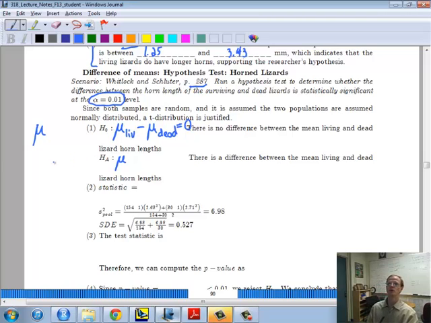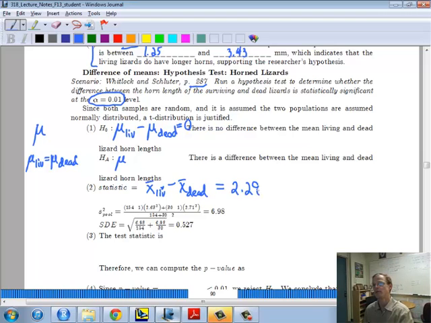Why do we do equals 0? Why do we not write mean living equals mean dead? Well, for one, you could. That would be fine. But the reason is there's two different groups, and for testing purposes, we only have one statistic. So we pull a clever trick and we do a subtraction in this form, and therefore in the statistic, x bar 1 or living minus x bar dead equals 2.29.